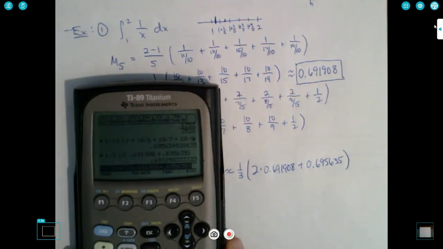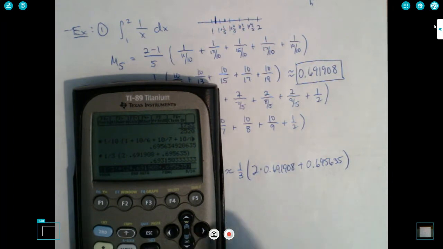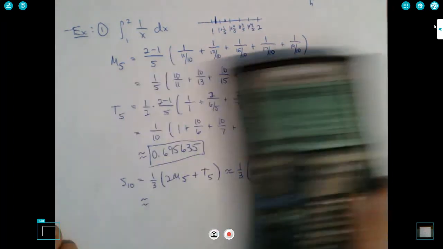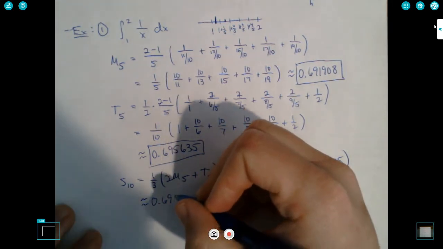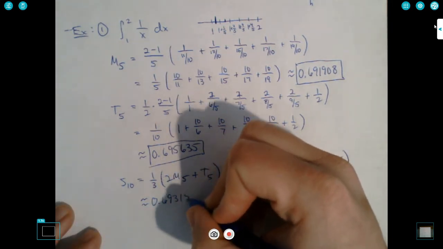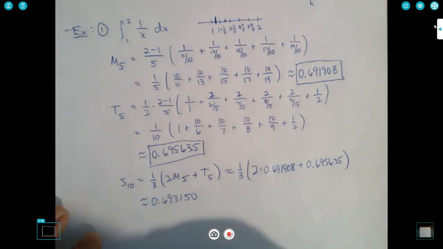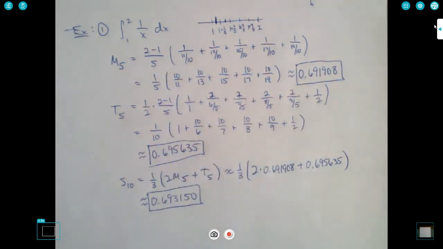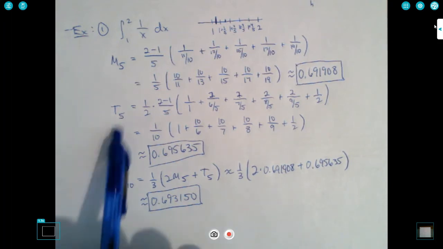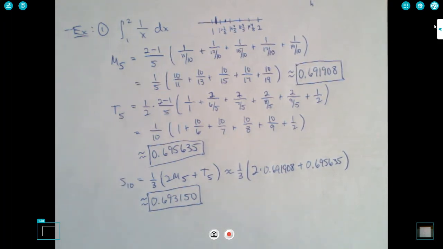Okay, so there's that one. So it comes out to about 0.693150. Okay, so that's how that one works. Okay, that's how Simpson's rule works and how the trapezoidal approximation works.